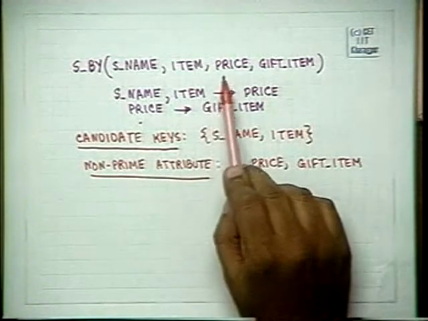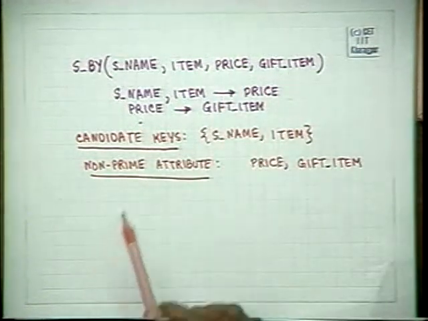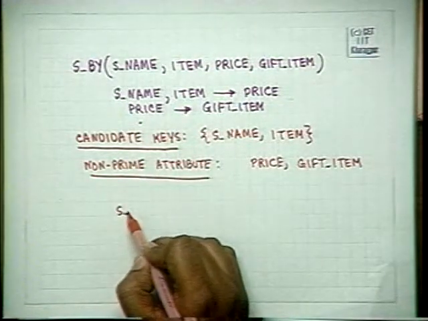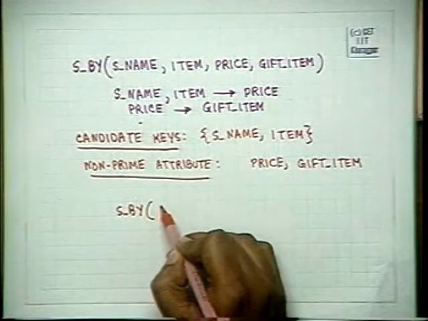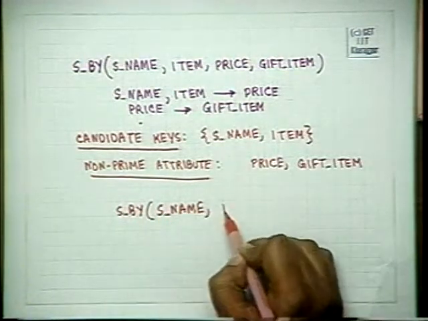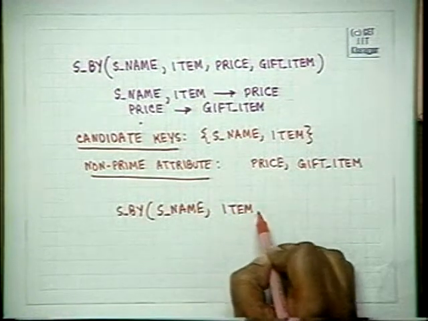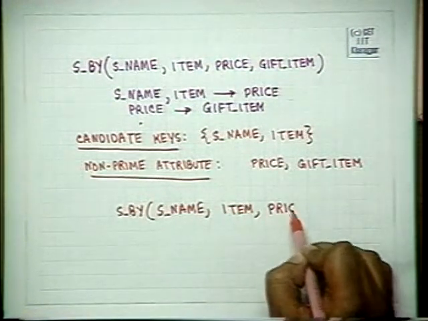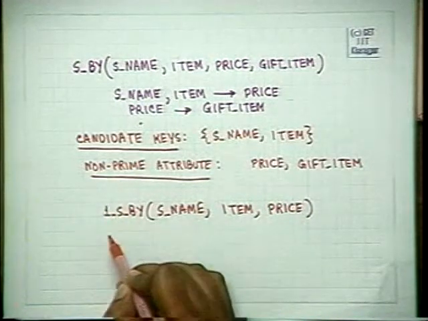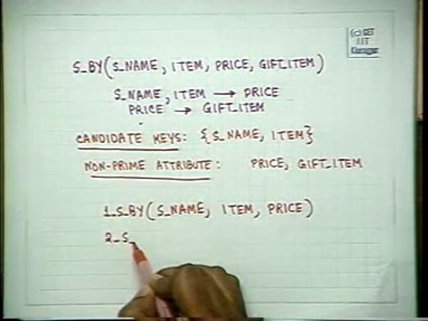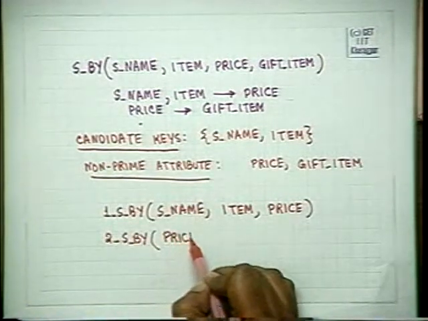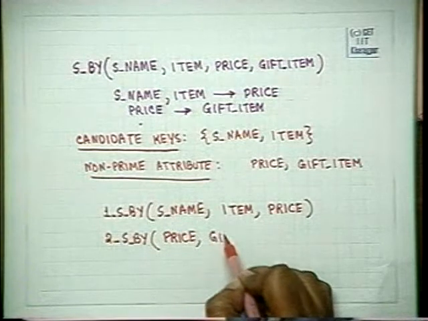And this is a lossless join, because if you join up, so what we will do, S by will become S name, item, price, this is the first one, and the second one will be price, gift item.